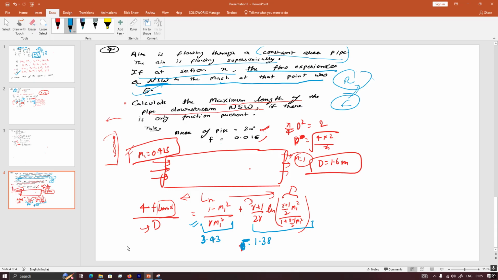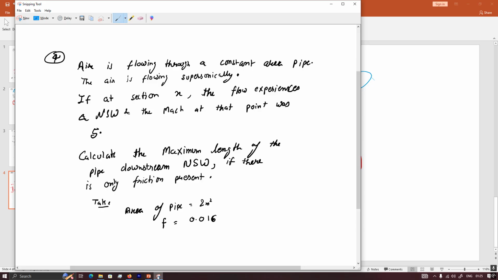So we got these two. Now we can subtract these two. You know the value of f, you know 4 is constant, and you know the value of d. So this value will be coming as 3.43 minus 1.38.